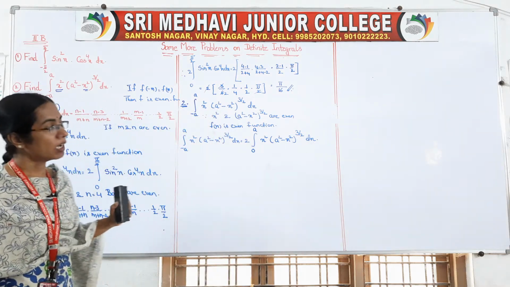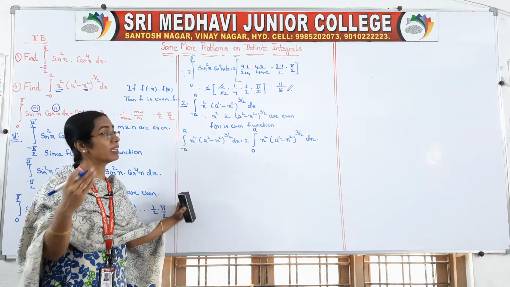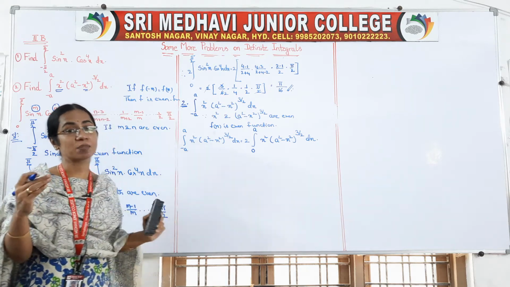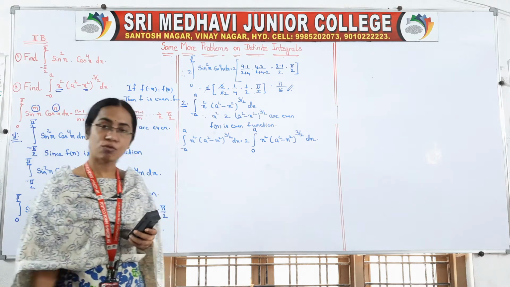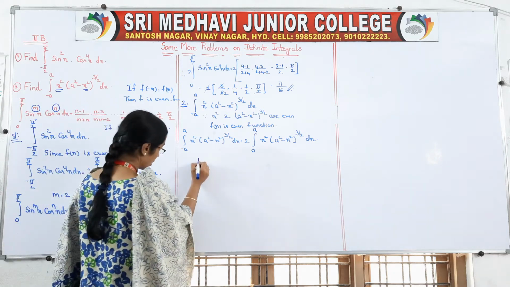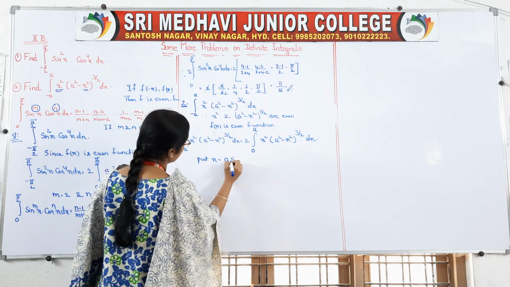Whenever x square is there and some roots are there, then in that x place you take a sin theta, so we can apply the identity formulas, right? So put x is equal to a sin theta.